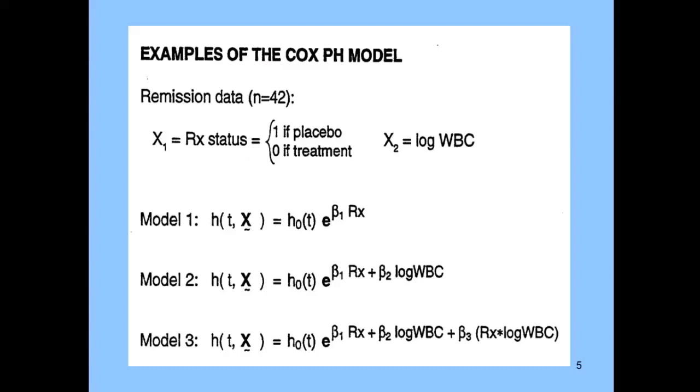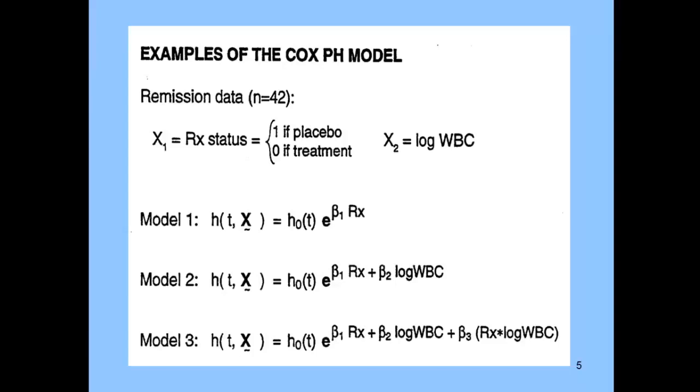Because if you remember when you looked at the original crude data, the hazard ratio was like 4.6. That hazard ratio, 4.6, is what you get when you divide the hazard for the placebo group over the hazard for the treatment group, and you get a number larger than 1. If you define the treatment variable this way and you run a Cox proportional hazards model, because of the way the data is set up in this example, you're going to get a hazard ratio estimate that's larger than 1.